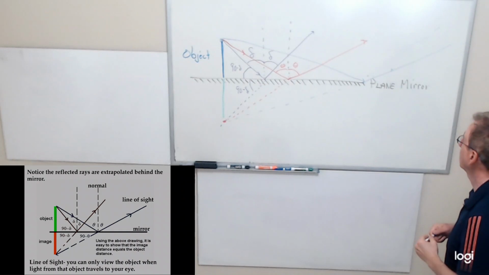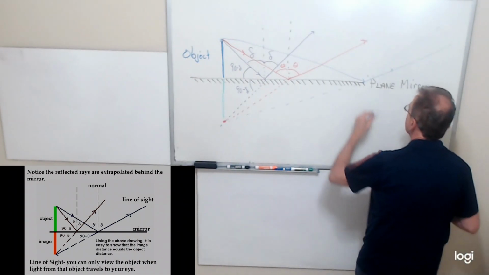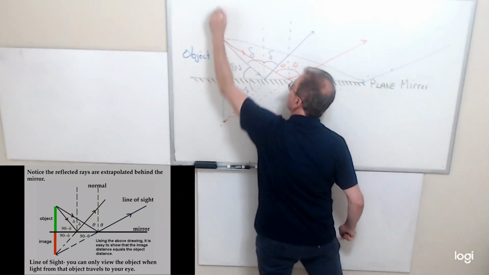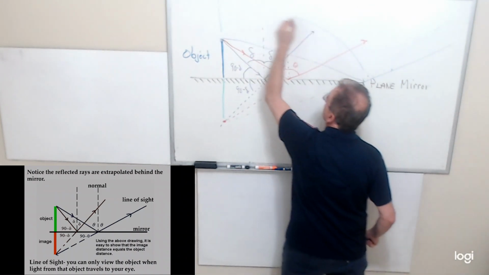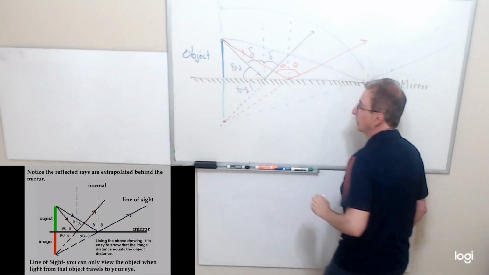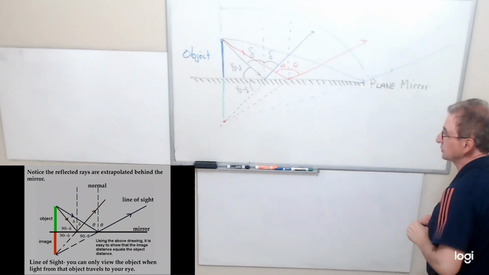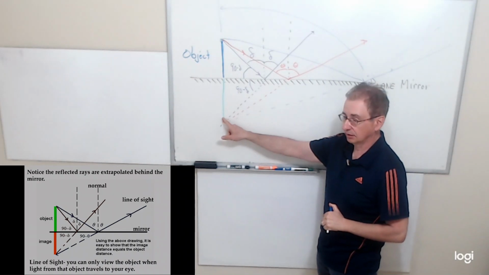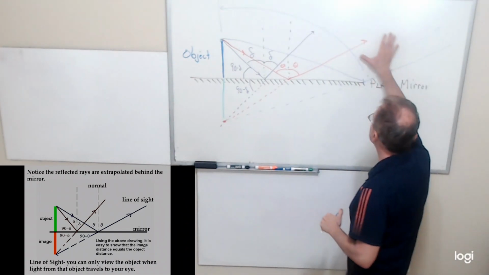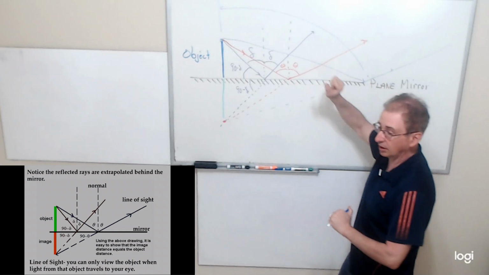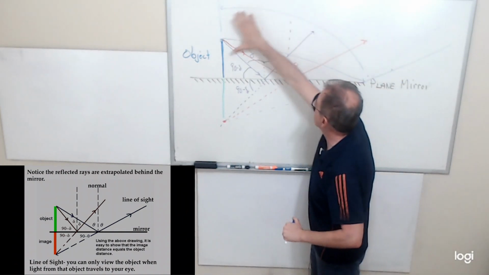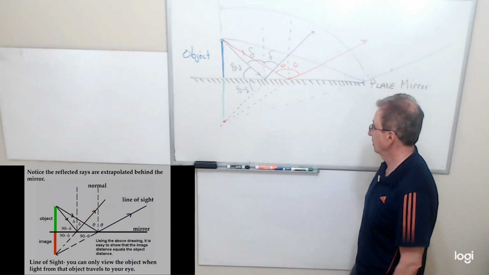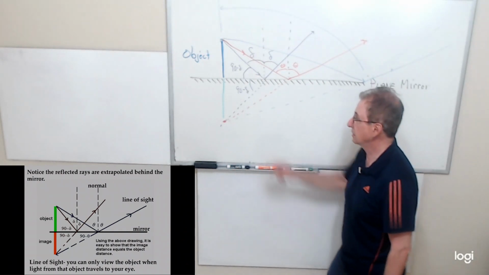Okay. As long as you are in this region, you will be able to see the image of the object. As long as your line of sight is in this region, you will be able to see the image of the object.